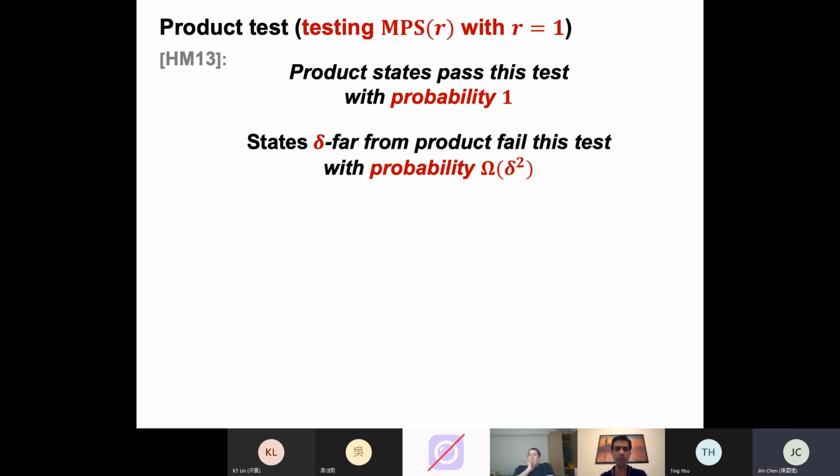So if the input state psi is delta far from being product, then this test rejects with probability delta squared. And in particular, if the input state has a constant distance to product states, this test uses 2 copies of the state and will reject with a constant probability.